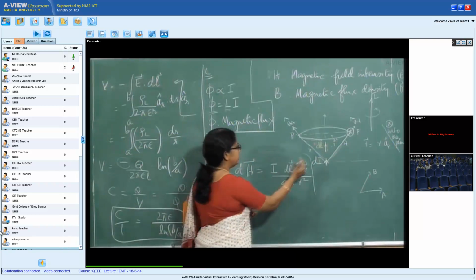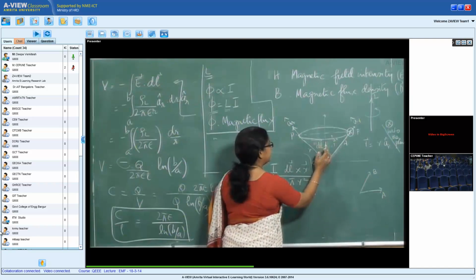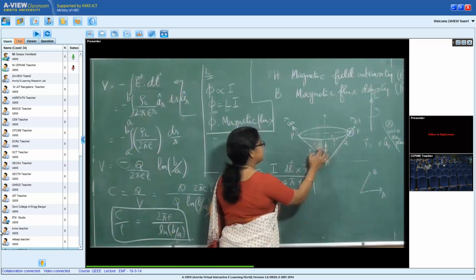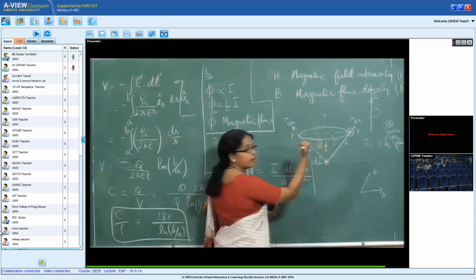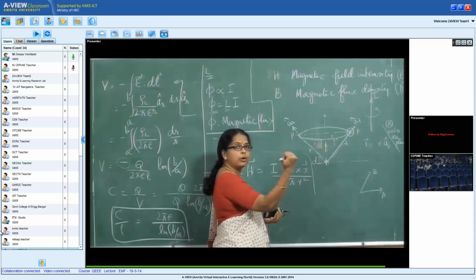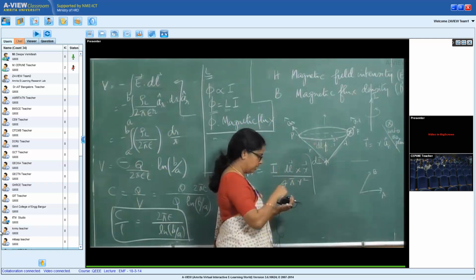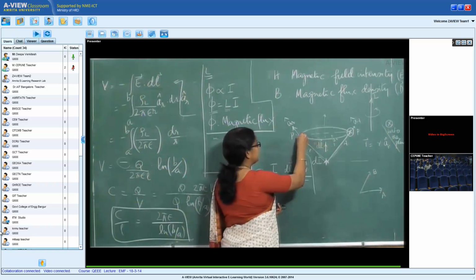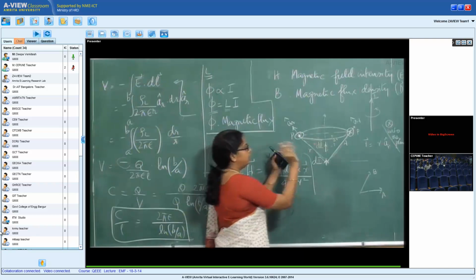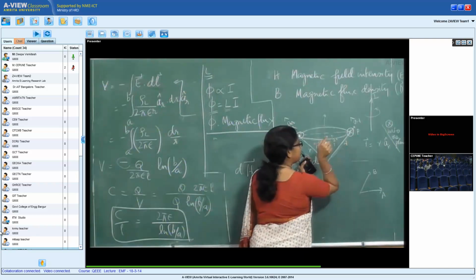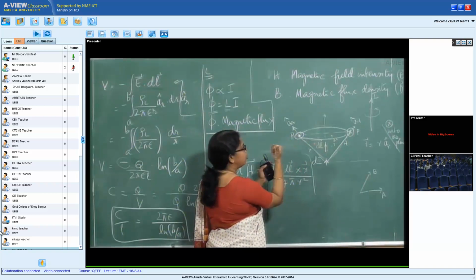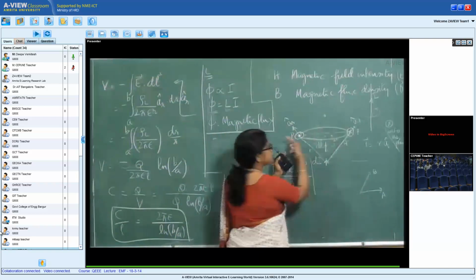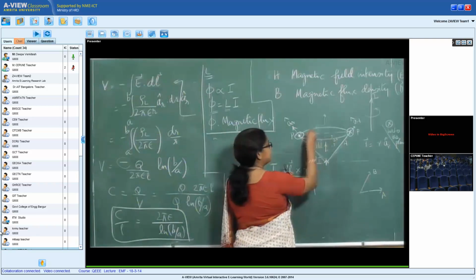So if I do DL cross AR, where DL is along the yellow, I have the direction of the cross product pointing outwards. Pointing outwards is what I would represent like this. So on this surface I have H pointing inward, and at this point I have H pointing outward. Now I keep calculating the direction of H at all the intermediate points.